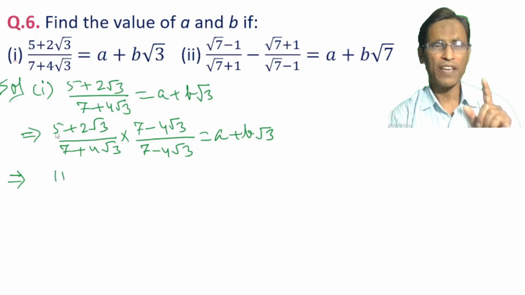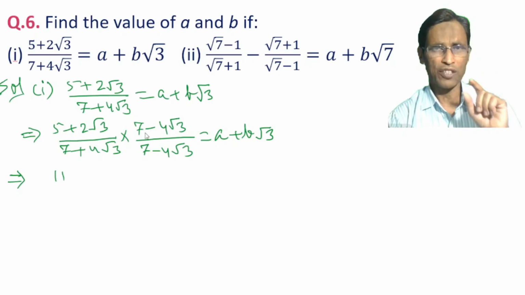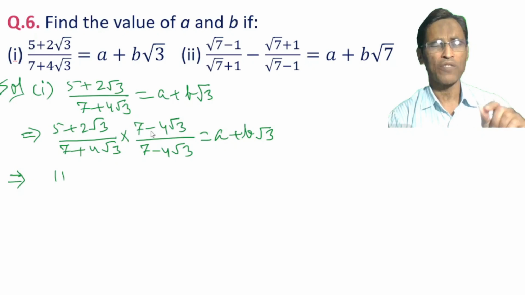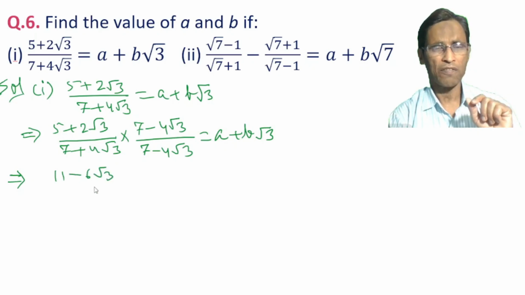Now we multiply 5 with 4 root 3, and so it gives 20 root 3, and then 2 root 3 with 7 gives 14 root 3. But 14 root 3 will be positive and 20 root 3 will be negative due to the minus sign. And so 14 root 3 minus 20 root 3 means minus 6 root 3. Therefore, we write minus 6 root 3.